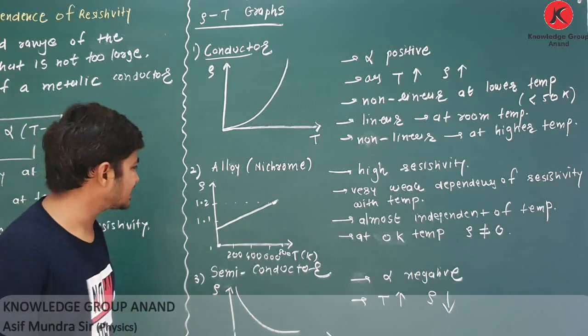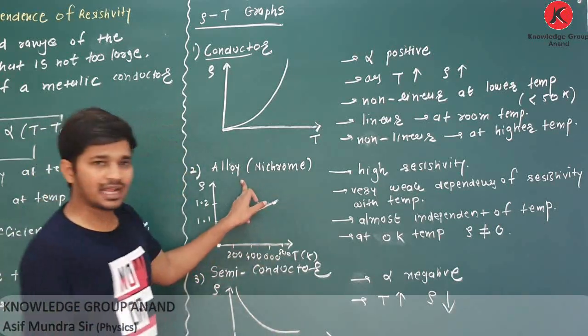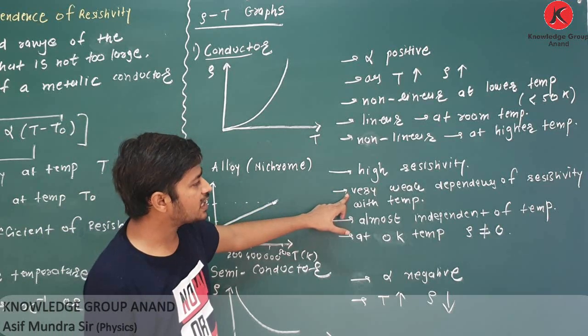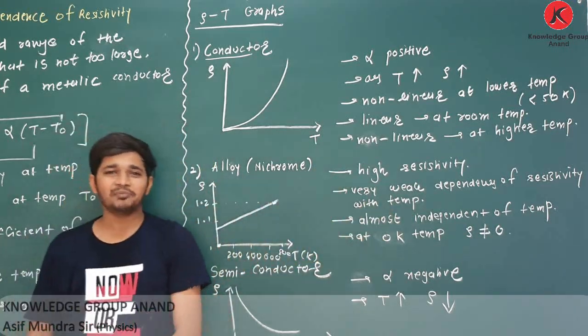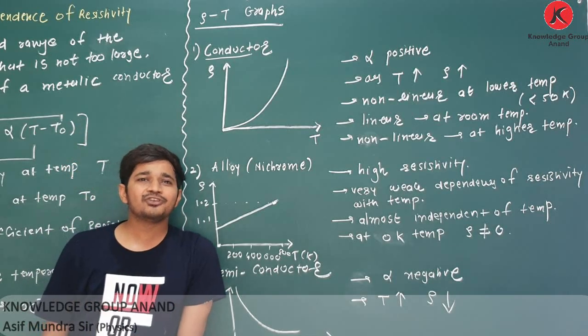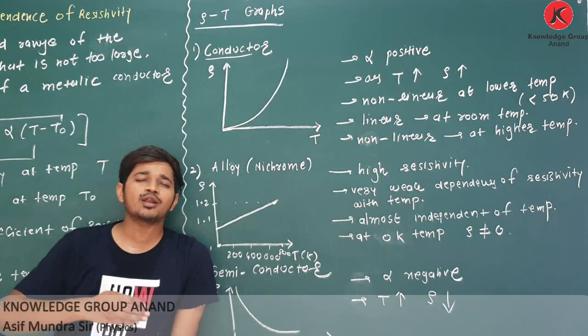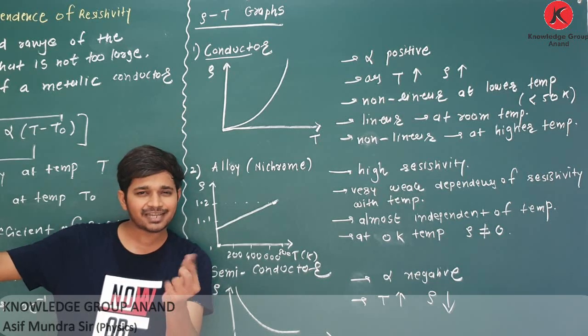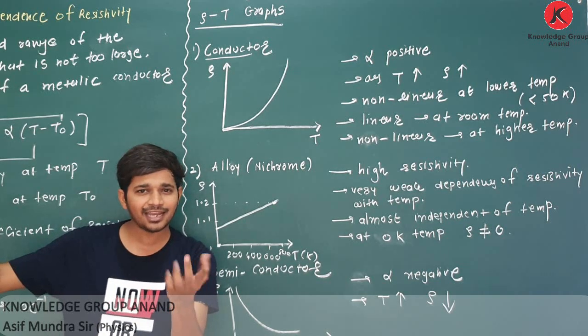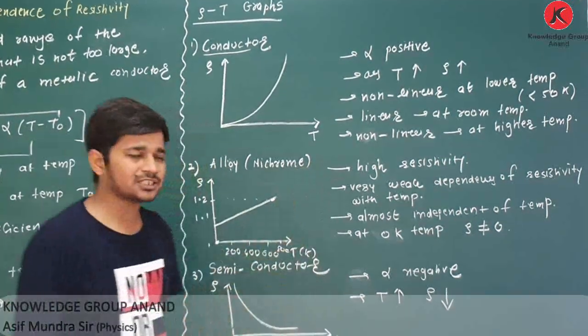It means for alloys, very weak dependence of resistivity on temperature. Clear? If you change temperature over a large range, the change in resistivity is very small. So you have to remember this point.